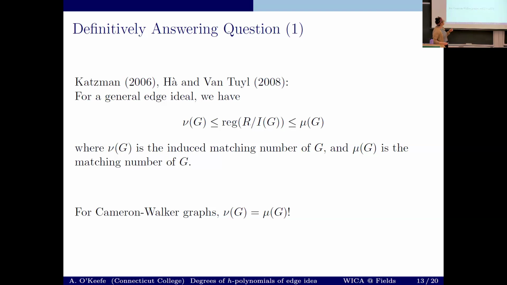And so these Cameron-Walker graphs, this was actually a graph theory paper, they proved that a graph has induced matching number equal to the matching number if and only if it's of one of those forms. So that gives us the regularity if we can calculate the matching number, which is usually easier to count than the induced matching number.